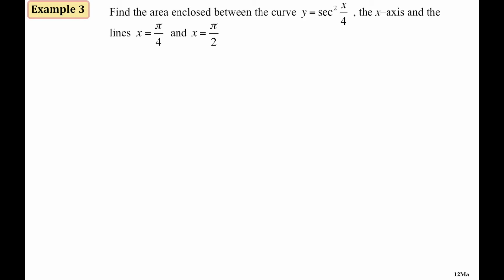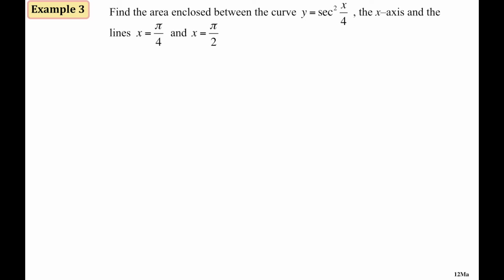So let's try finding the area between the curve y equals sec squared, x on 4, the x-axis and the lines x equals pi on 4 and x equals pi on 2. Normally this might be a problem because when you're finding the area under a curve, if it's below the x-axis we get a negative answer.